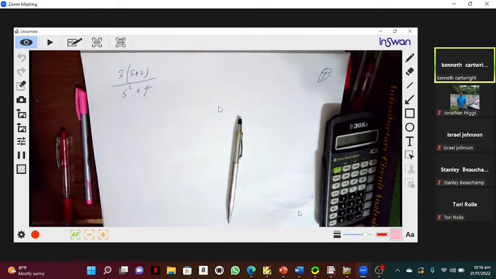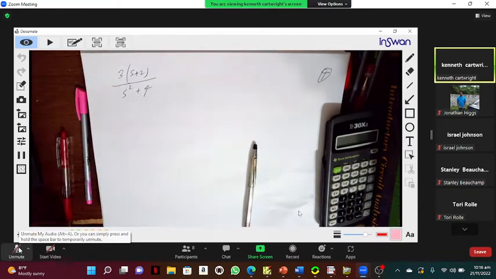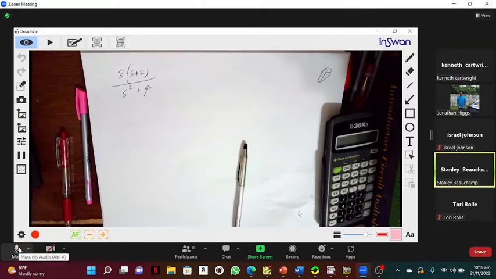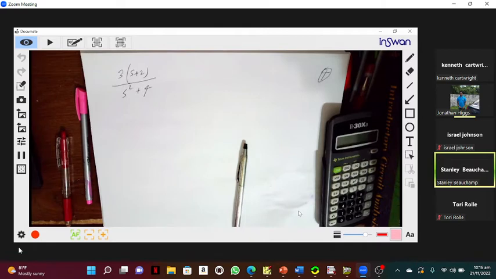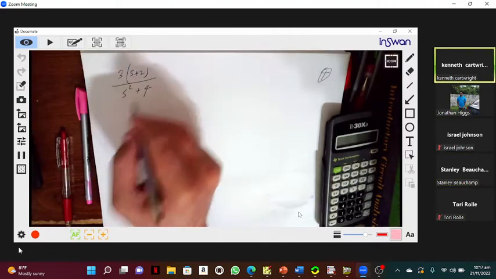The system here. What's the stability status? That's marginally stable. The roots, the poles?